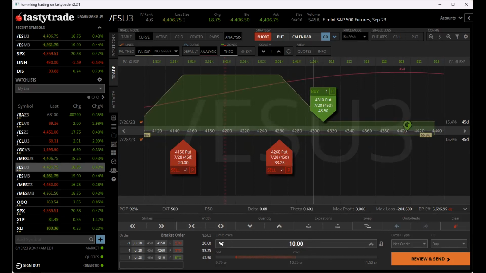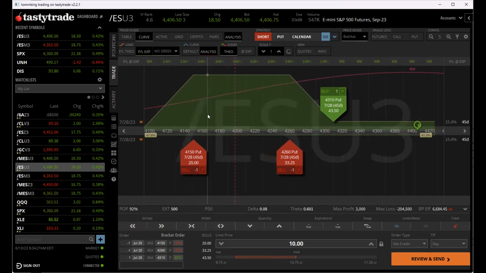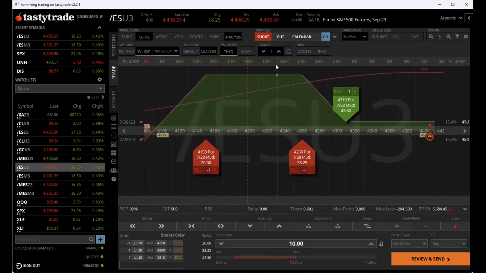Let's just move this down to 10 bucks, make it easy. So if we sold this for $10 credit in the tail here, we'd keep the 500. If we drop down here into our trap, now our max profit in the trap is $3,000. So that's what we're looking at in the trap.